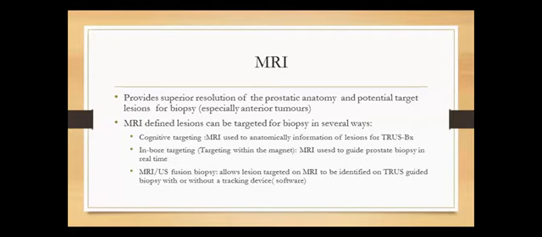And we have the MRI ultrasound fusion biopsy, which allows for the lesions to be targeted on MRI before, and then a transrectal ultrasound guided biopsy is performed with a tracking device or with software, delineating the areas of interest or the areas of concern.